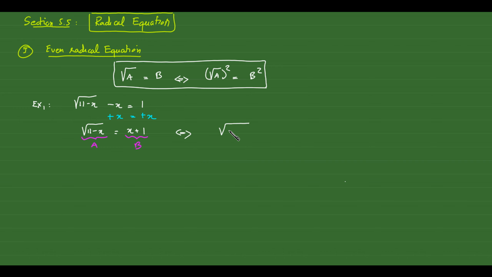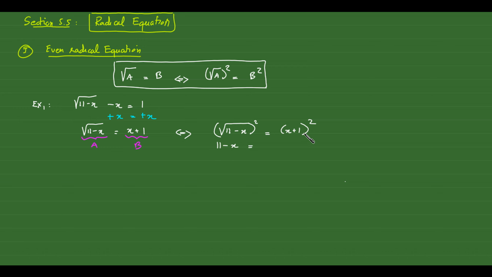It's in the form already, and as long as it's in the form, we can square both sides. So I'll go ahead and square both sides. We square both sides like this, and x plus 1 squared like this. When you have a square root of something squared, you can go ahead and throw away the radical. It means over here you have 11 minus x.